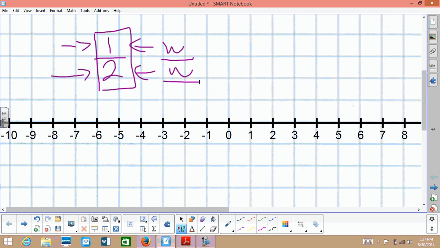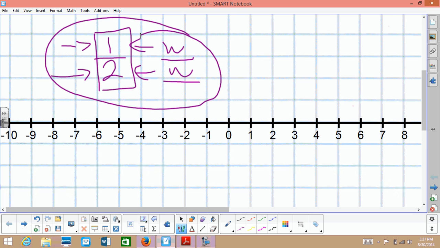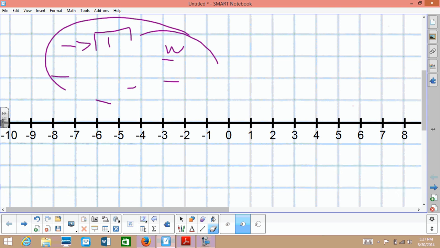It doesn't matter if they're positive or negative, as long as it's a whole number on top and a whole number at the bottom. No fractions, no decimal within the fraction. All right, so that is just for rational numbers.